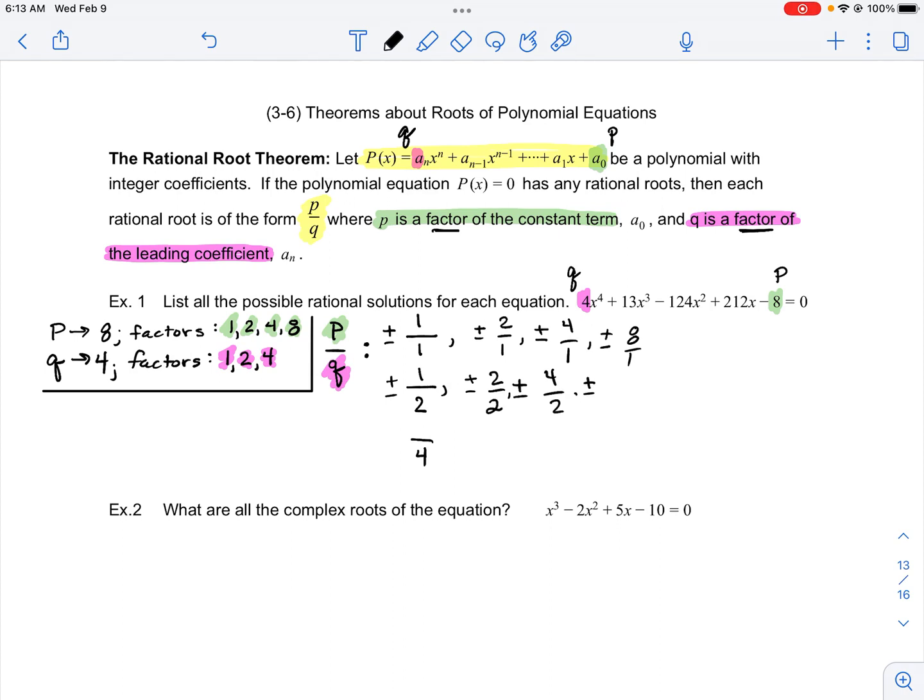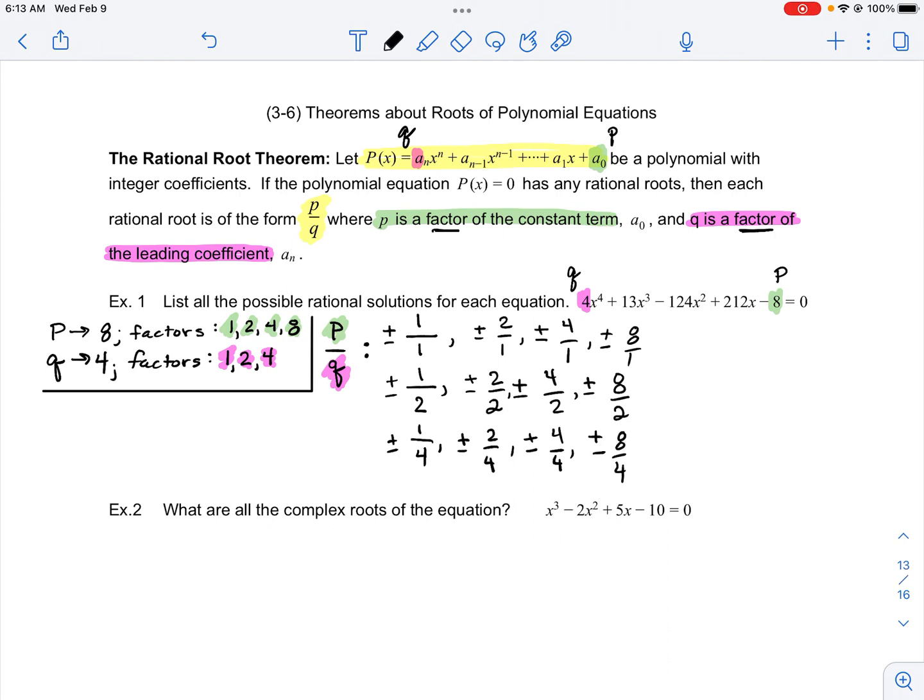I have plus or minus 8 halves. And then we'll move to our third possible denominator. We have plus or minus 1/4, plus or minus 2/4, plus or minus 4/4, and plus or minus 8/4.